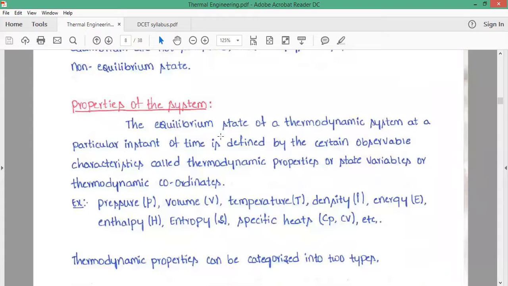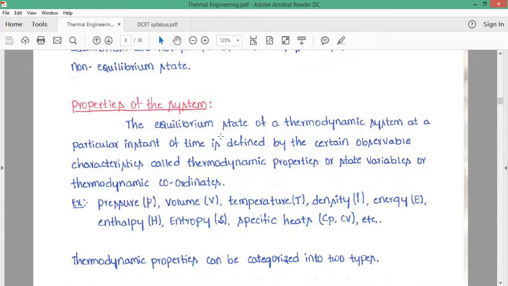let us discuss the properties of the system. Now, if I want to describe any substance, we are going to specify that substance by some of its properties. If I consider some object, we specify its characteristics by means of its color, shape, size, mass, right?